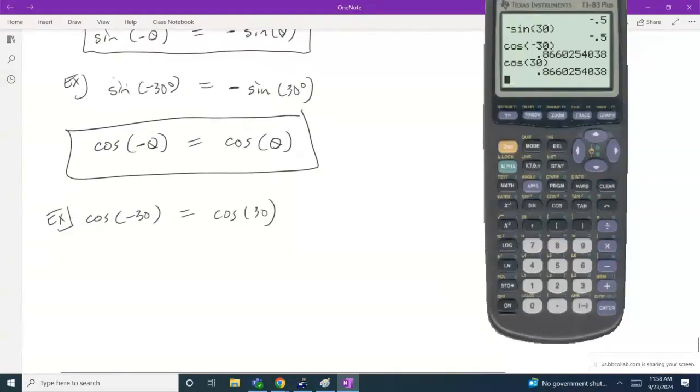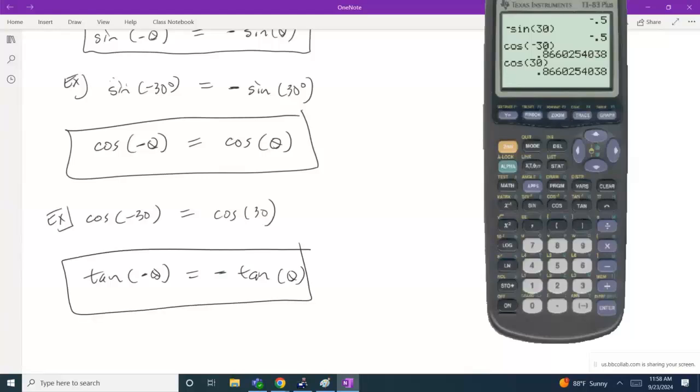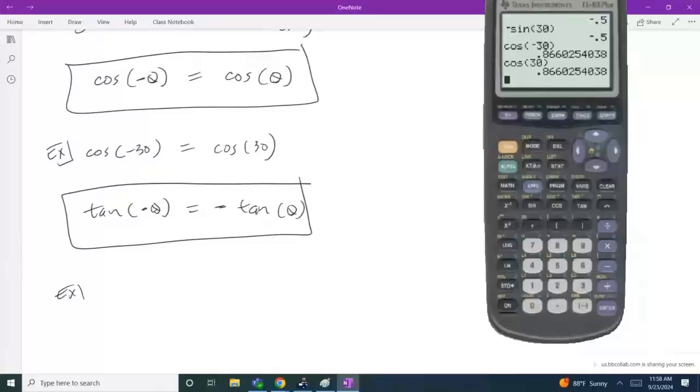And then the third negative number identity says that the tangent of negative theta is equal to negative times the tangent of positive theta. So if we use an example with this one, the tangent of negative 30 degrees should equal negative times the tangent of positive 30 degrees.